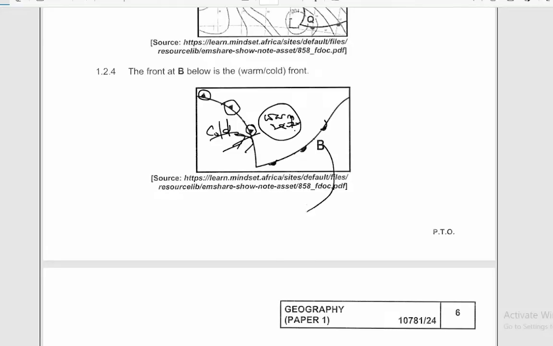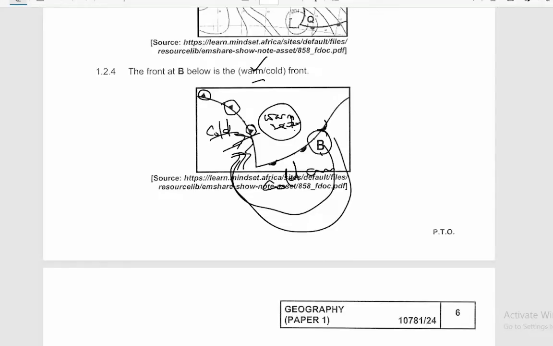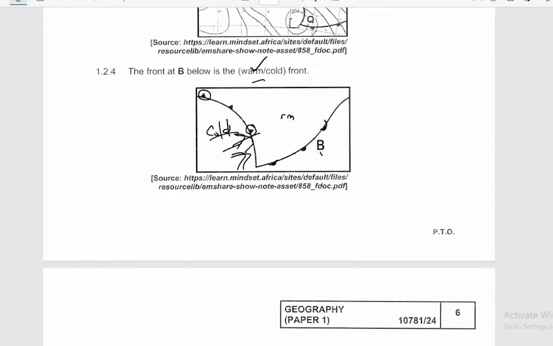And remember, in the southern hemisphere, we have clockwise circulation into the low. So our air will be circulating like that, meaning to say this whole area is made up of cold air. Right, let's go to our question. Front B, or B is here, we've discussed that. Correct response is warm. That is a warm front. Right, let's go to the next question.